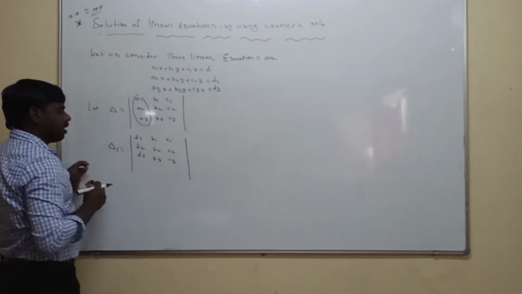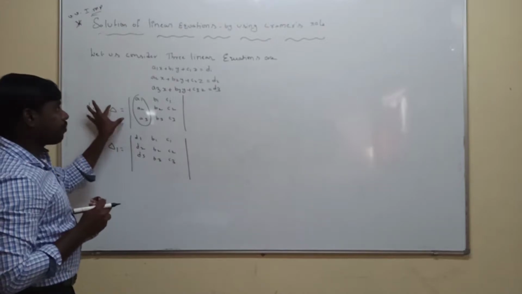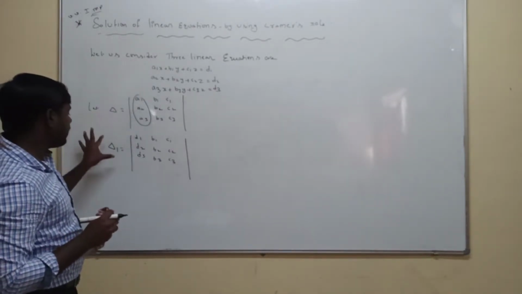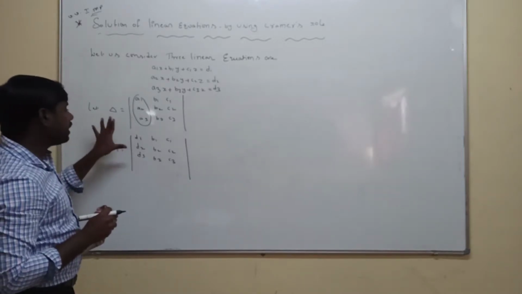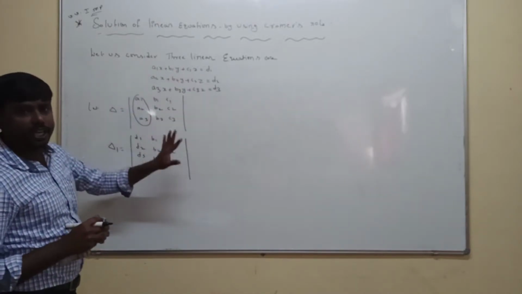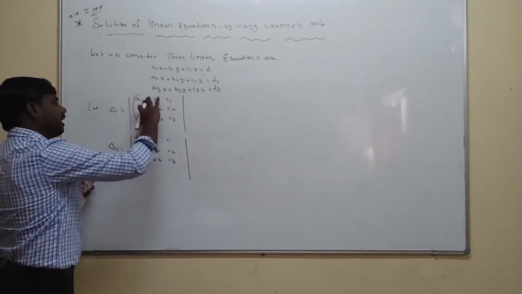Everyone understood? Delta we take from the given three equations using the x, y, z coefficient values. Delta 1 is the determinant with the first column replaced by D1, D2, D3. Next one, delta 2.